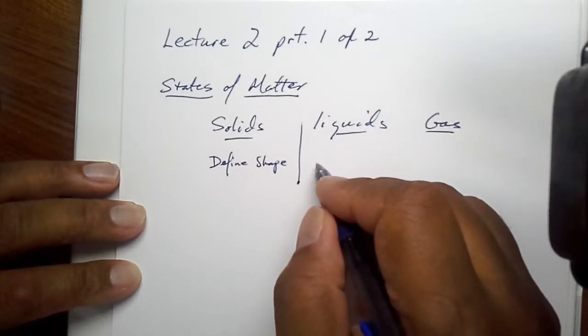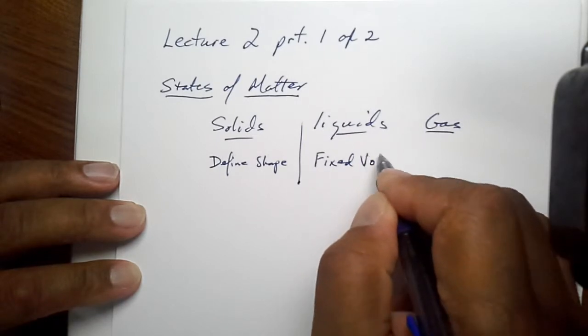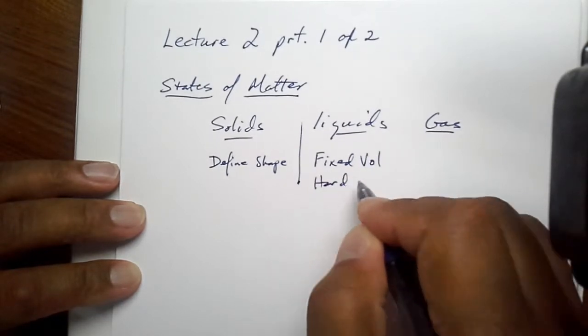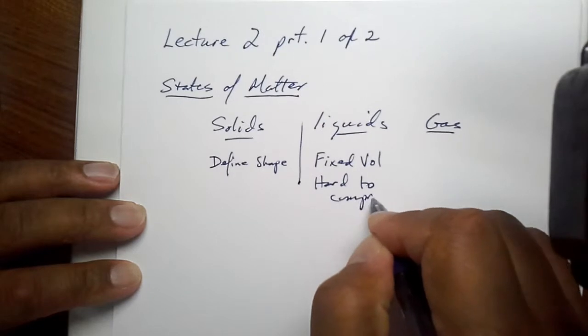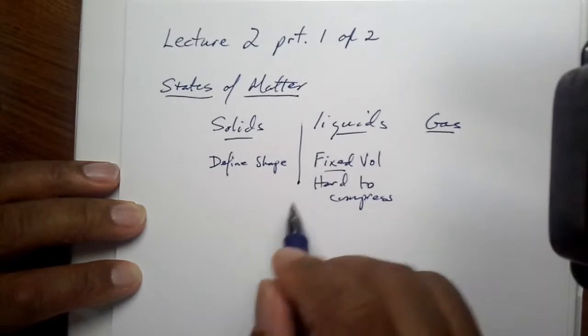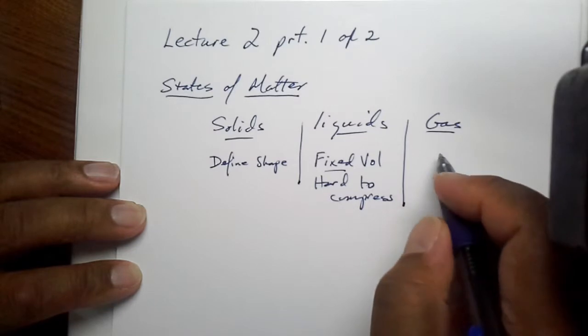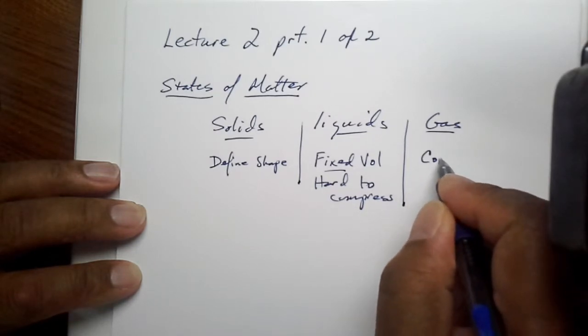Liquids have a fixed volume, and they're hard to compress. Try to compress liquid in a small volume, you'll get quite a bit of resistance, and so its volume is pretty much fixed. And then we have gases. Now gases are highly compressible.